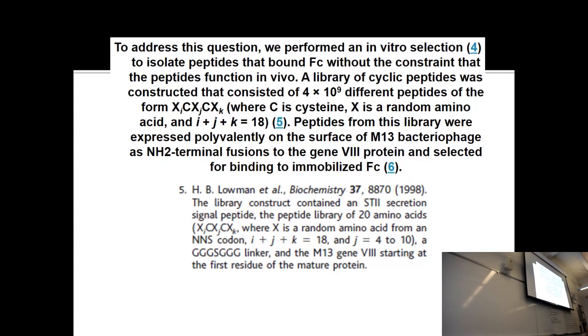That's significant. The other thing to look for is, was it truly random? They had an NNS codon. You could actually look up, it was probably biased a little bit because you can't be truly random, but you make random nucleotides, and they will end up giving you random amino acids. It could be interesting, if you wanted to geek out on it, to see what an NNS codon is.